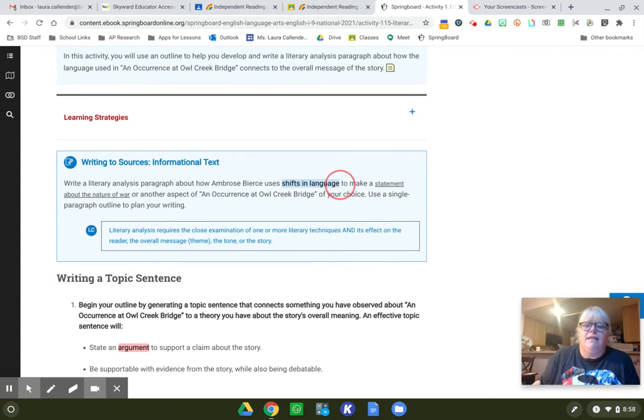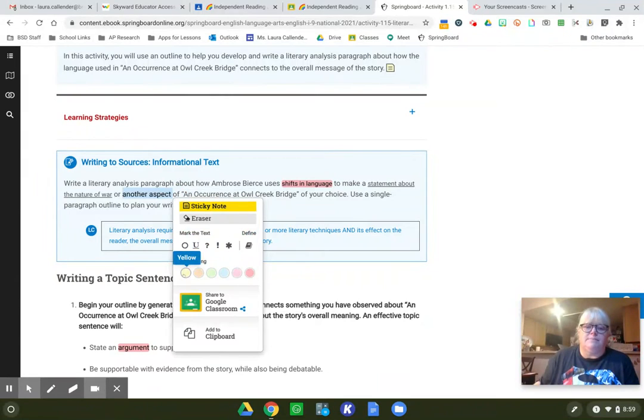Shifts in language, that's the literary technique, to make a statement about the nature of war. And that'll be the theme. So whatever that statement is that I think he's trying to make about the nature of war. And then you, when we're done here, will write about another aspect.